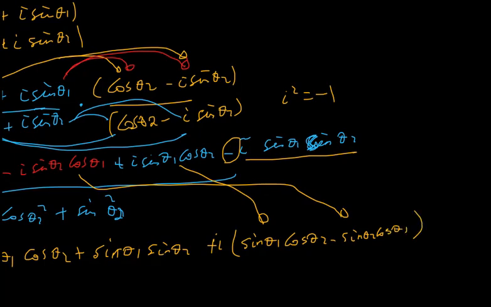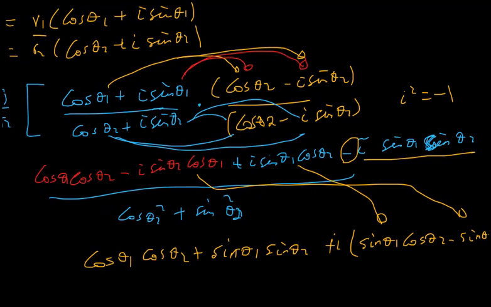Over, the result for cosine squared theta plus sine squared theta is an identity, so this is the same as 1, so over 1.